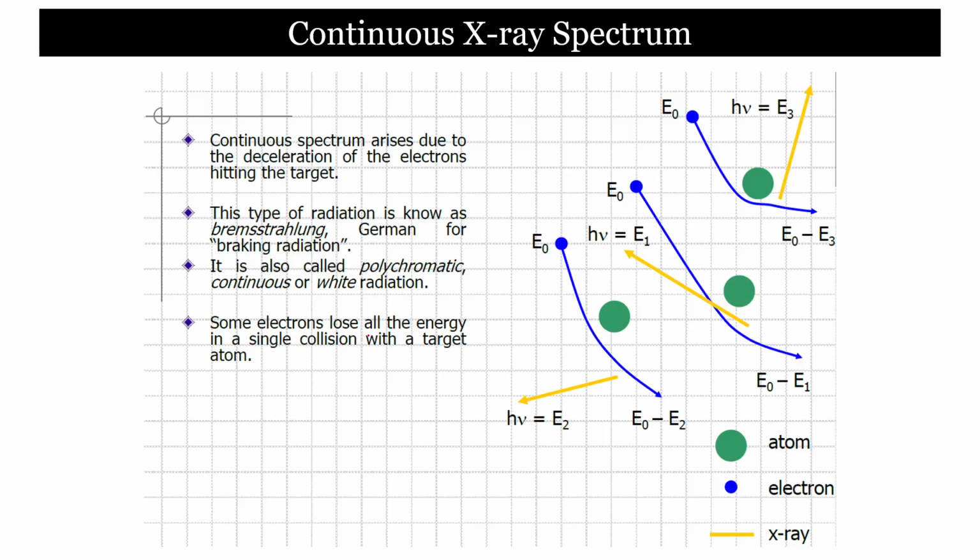Some electrons lose all their energy in a single collision with the target atom. Like here, the loss of energy will be much higher as compared to this first one.